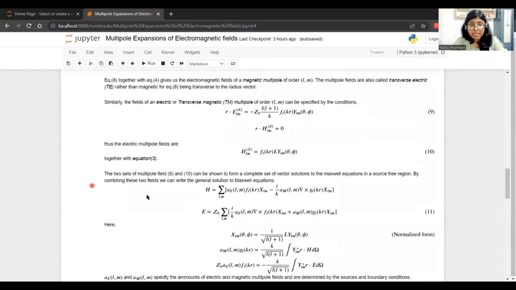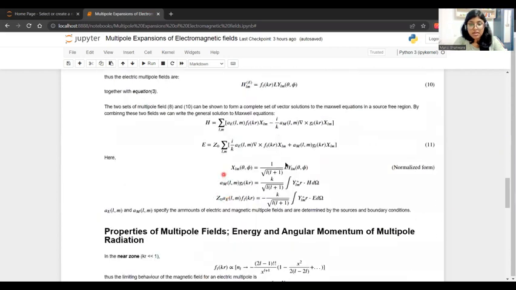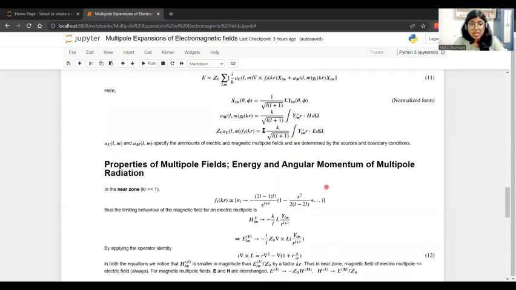By combining these two fields, we can write this general solution to the Maxwell equations, where this term is the normalized form, and a_E(l,m) and a_M(l,m) can be calculated from these two expressions. Here a_E(l,m) and a_M(l,m) specify the amounts of electric and magnetic multipole fields and can be determined by the sources and the boundary conditions.